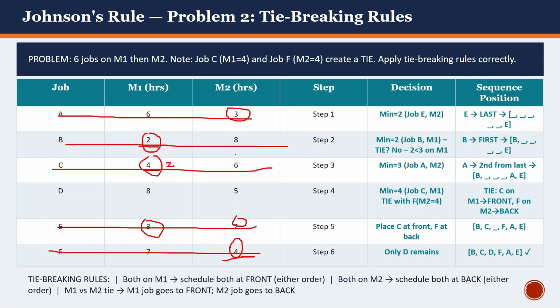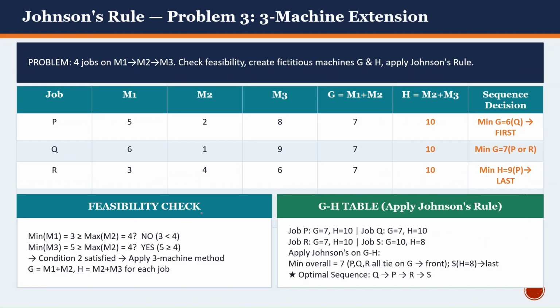Machine 2, whichever has the minimum, has to be scheduled later. And if machine 2 has the longest time, then it will be scheduled first. Likewise, these are some tie-breaking rules that we need to apply in the case of Johnson's algorithm. So this is how Johnson's algorithm proceeds.